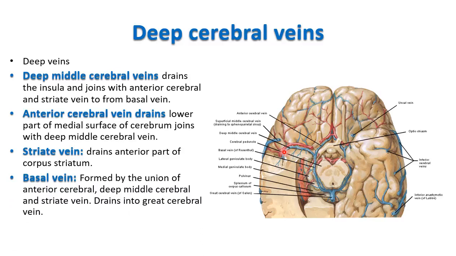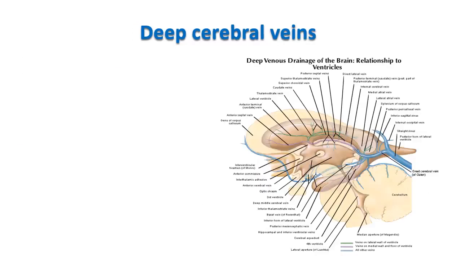These two join and form the basal vein, which drains into a very short stem in the midline, called the great cerebral vein of Galen. The basal veins of both sides drain into the great cerebral vein of Galen.